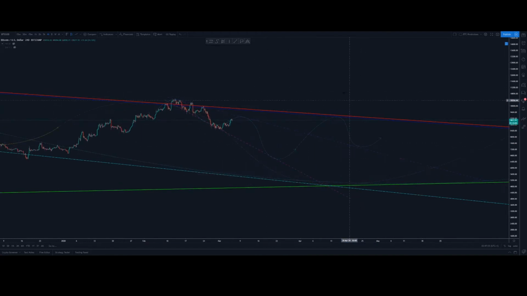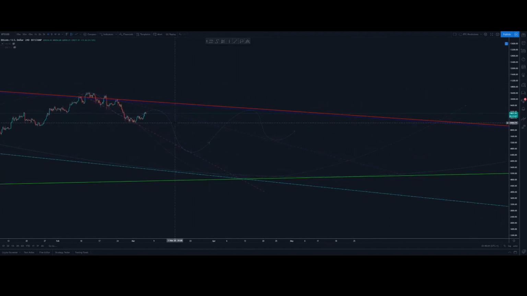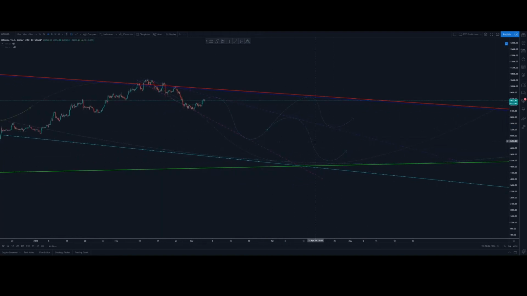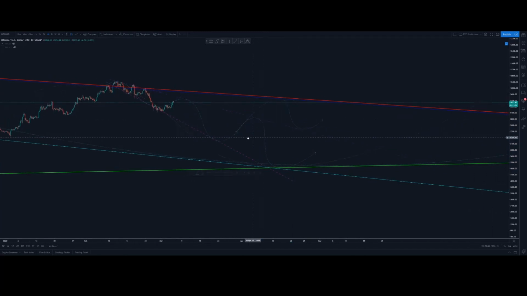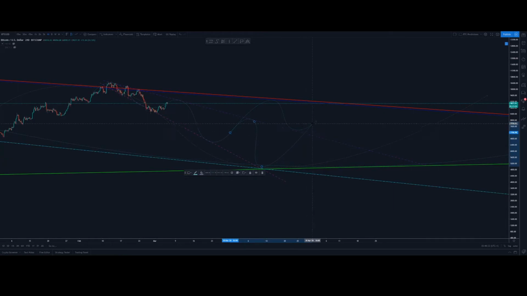It's possible, since Bitcoin wants to break out sooner rather than later. But it is possible that this trend will continue to go down. Actually, highly possible, since we're using this trend reference wave. So probably it's gonna go like this. If it does get rejected here, it will find definite support over here and then continue to go up.